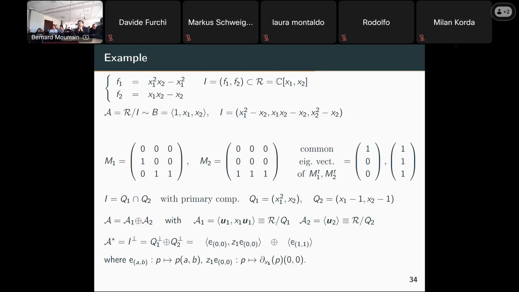That is this inverse system spanned by evaluation at 0, or exponential 0, 1, and this is the evaluation at 1, 1, or exponential Z1 plus Z2.